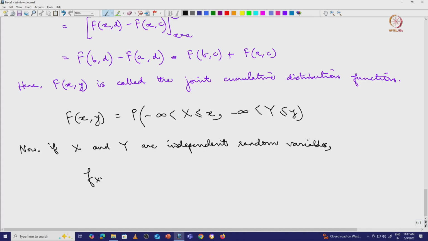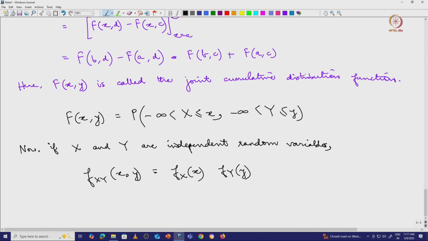So, f(x,y) is equal to the probability density function of the random variable capital X times the probability density function of the random variable capital Y, where I am using the subscripts to denote the random variable under consideration.